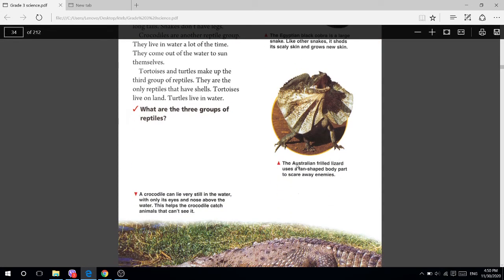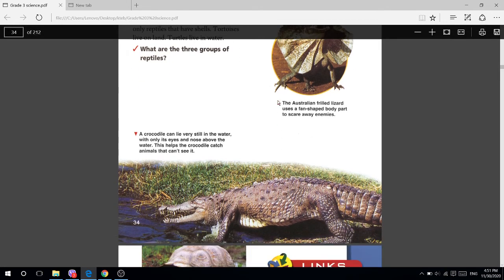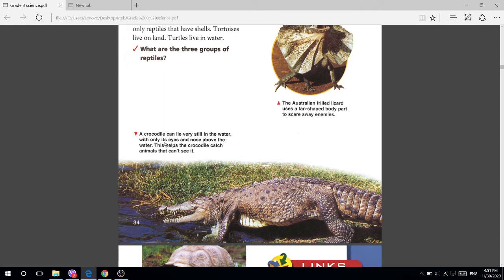The Australian frilled lizard uses a fan-shaped body part to scare away animals. Okay, students, and this one is what? The crocodile can stay very still in water with only its eyes and nose above the water.